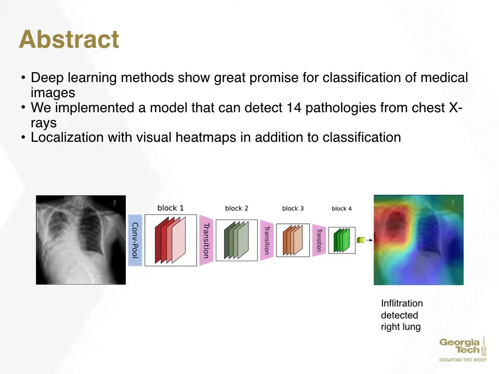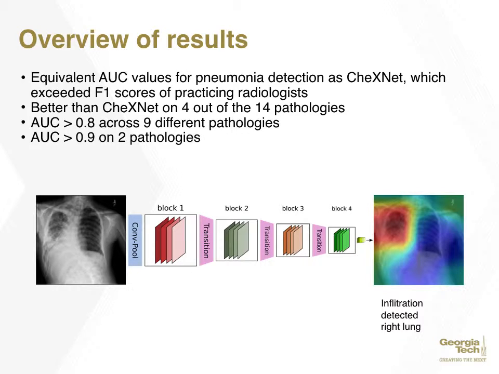Deep learning methods show great promise for classification of medical images to help healthcare diagnostics be faster, more effective, and at a lower cost. We implemented a model to classify 14 different pathologies from chest x-rays, including localization with class activation heat maps.